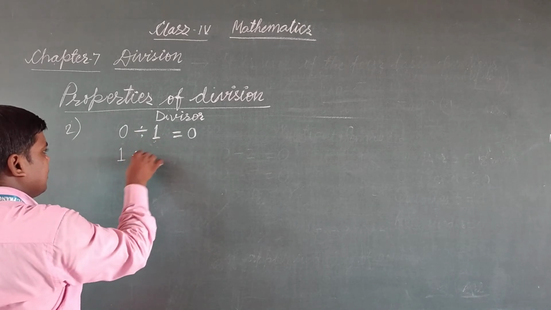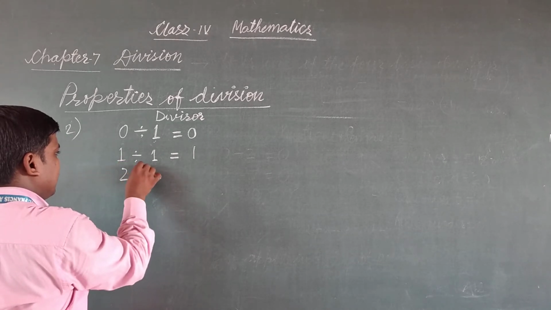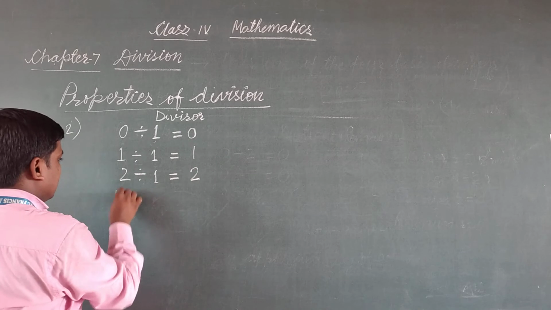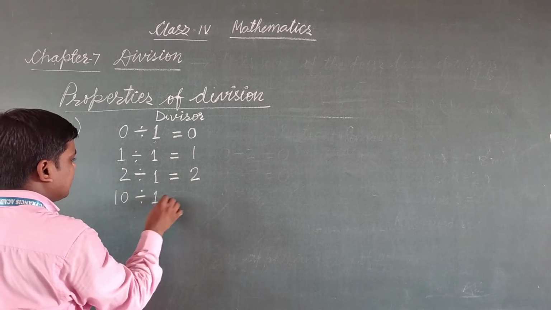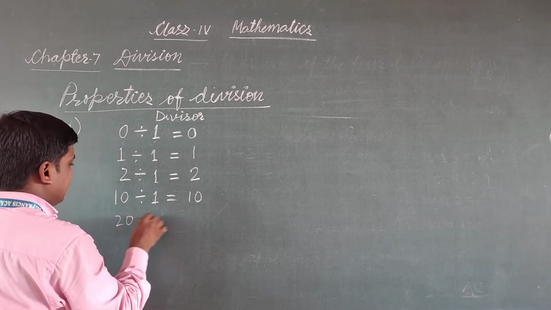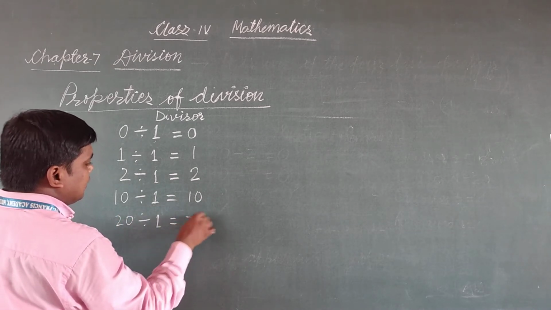1 divided by 1, 1. 2 divided by 1, 2. 10 divided by 1, 10. 20 divided by 1, 20.